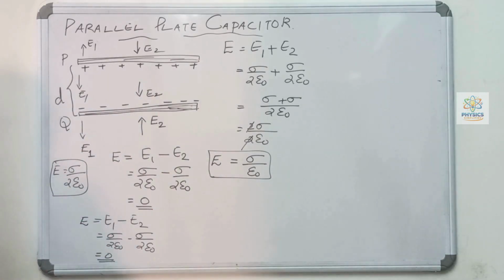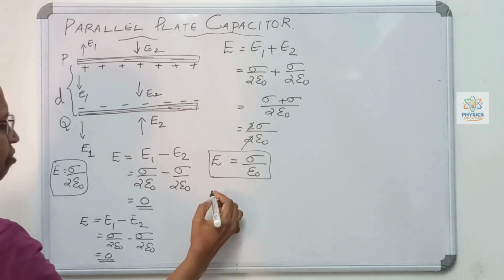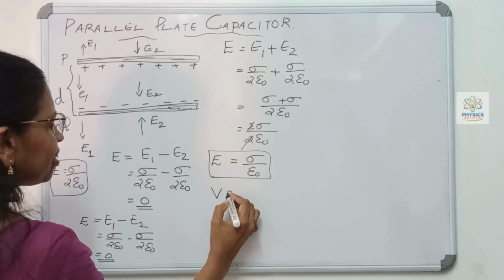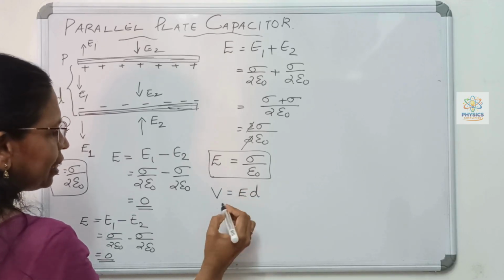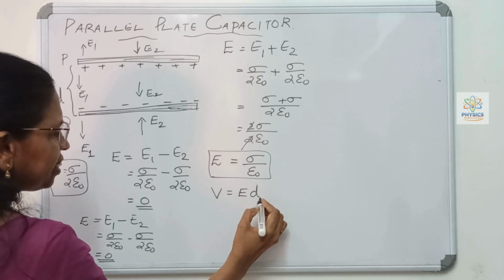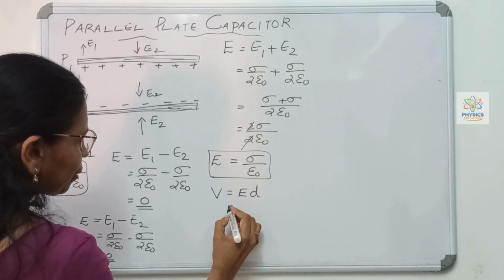Our aim is to calculate the capacitance. To calculate the capacitance, we know the equation C is equal to Q by V. Next we calculate the potential difference between the plates. The potential difference V is equal to E into D, the electric field into the distance between the two plates.